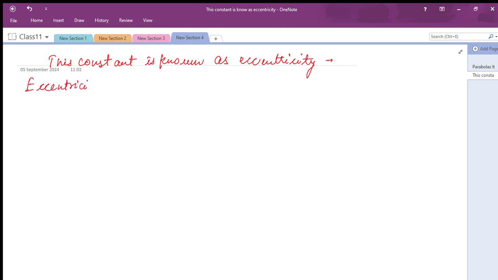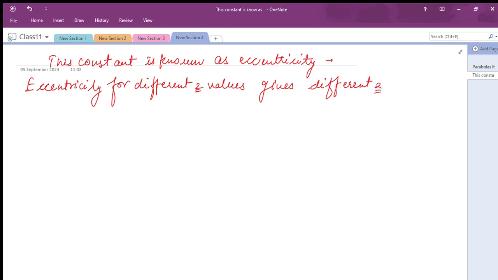Let me explain. If the eccentricity is equal to 1, then it gives a parabola.